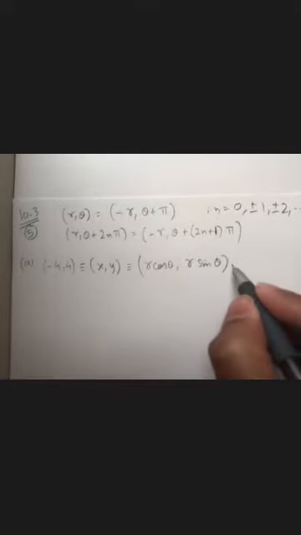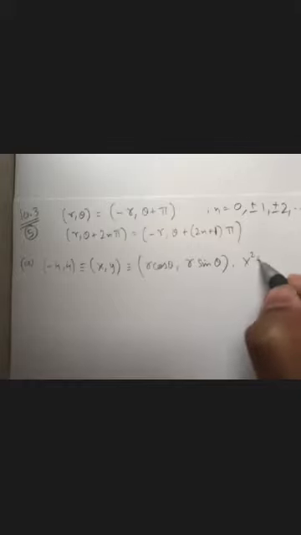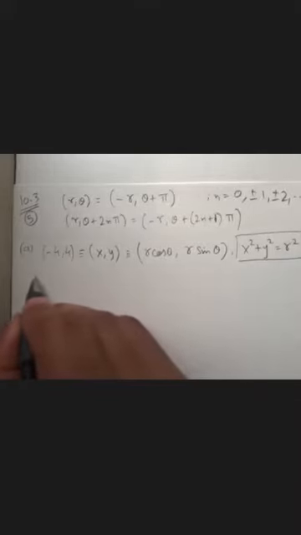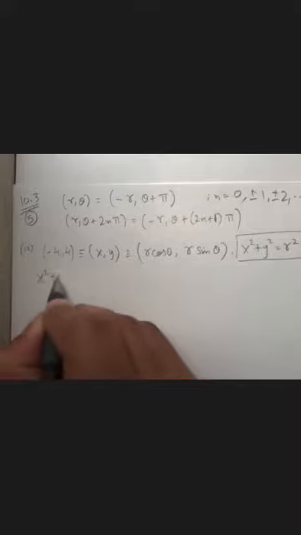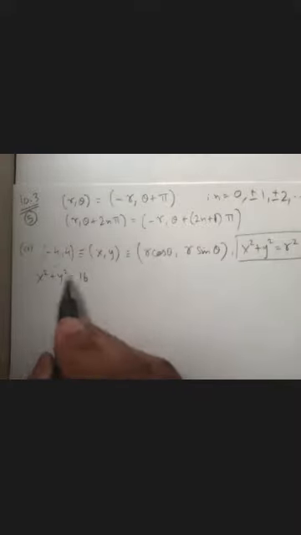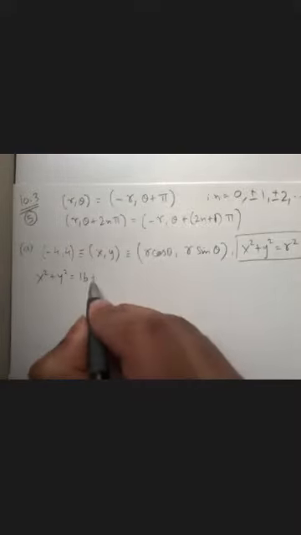This means that x square plus y square is r square. So if we do that, 4 square is 16, negative 4 square is 16, plus another 16.